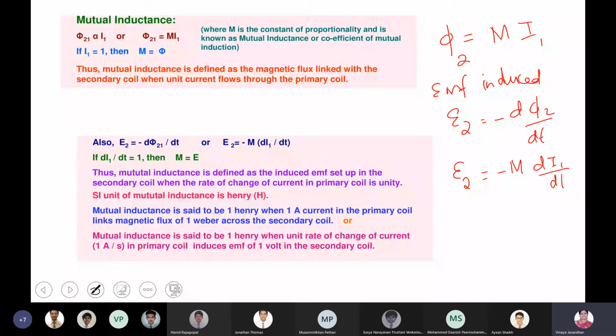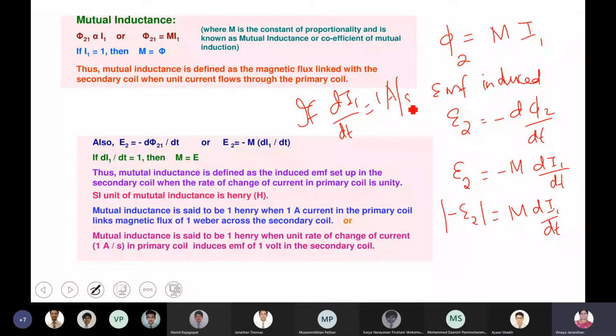Now I can take the magnitude, so minus E2 is equal to M into dI1 by dt. Now if dI1 by dt is equal to 1 ampere per second, then the magnitude of the EMF induced is equal to the coefficient of mutual induction.